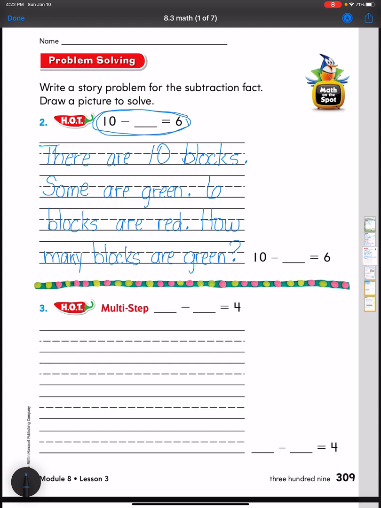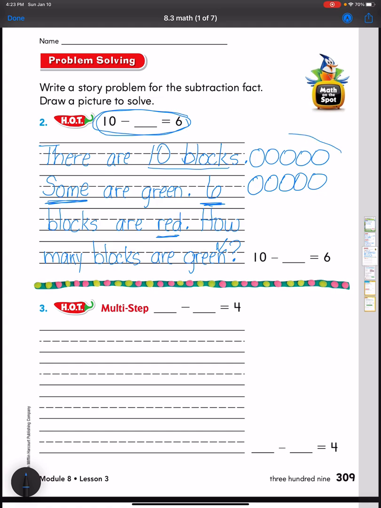Okay, so how can we solve this? We know that there are 10 blocks. There's my 10 blocks. I know that some are green. I don't know how many. I know that 6 are red. What I want to know is how many are green.